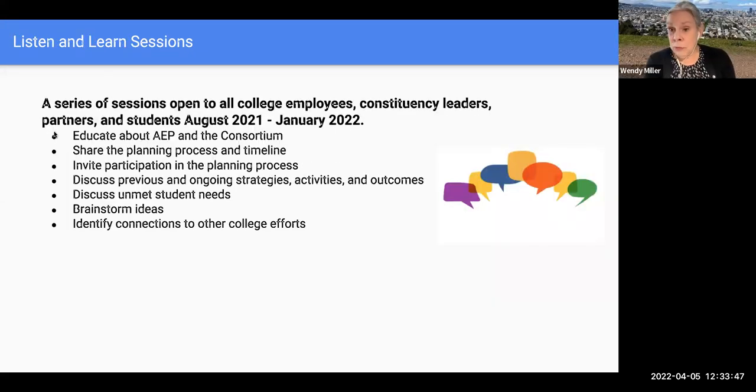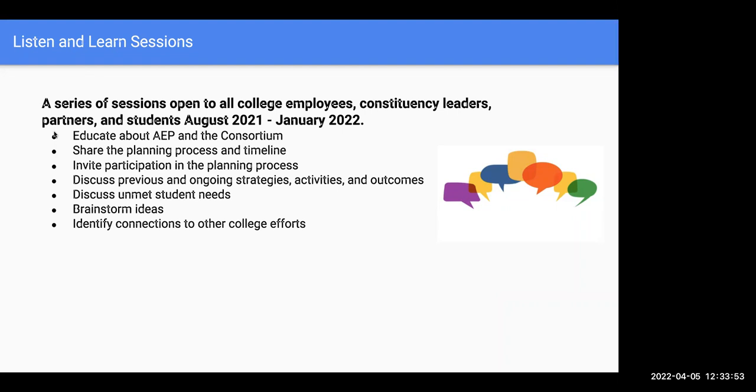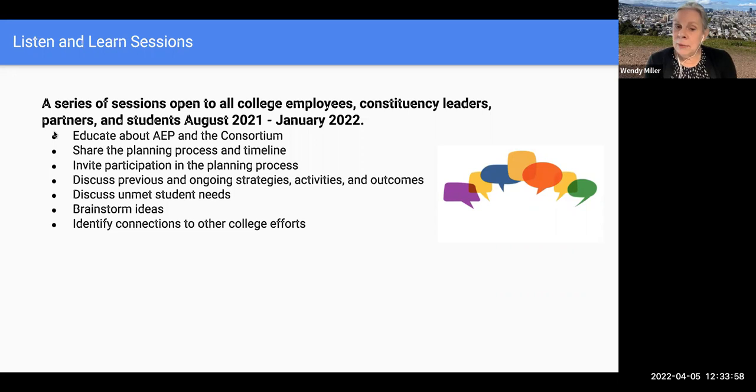So then once the formal planning process began this fall, after CAEP had released all of the guidance, and I'd plowed through a lot of it and made some templates, I started to hold a series of listen and learn sessions that were open to all college employees: faculty, classified staff, administrators, department chairs, anyone that wanted to come.